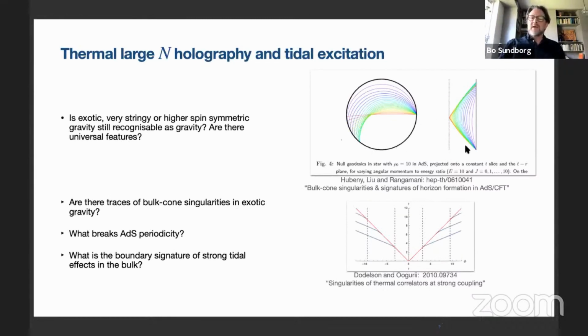The right-hand side is the corresponding time evolution. You have a light signal sent out from a point on the boundary, the origin, and you see how it evolves with time.